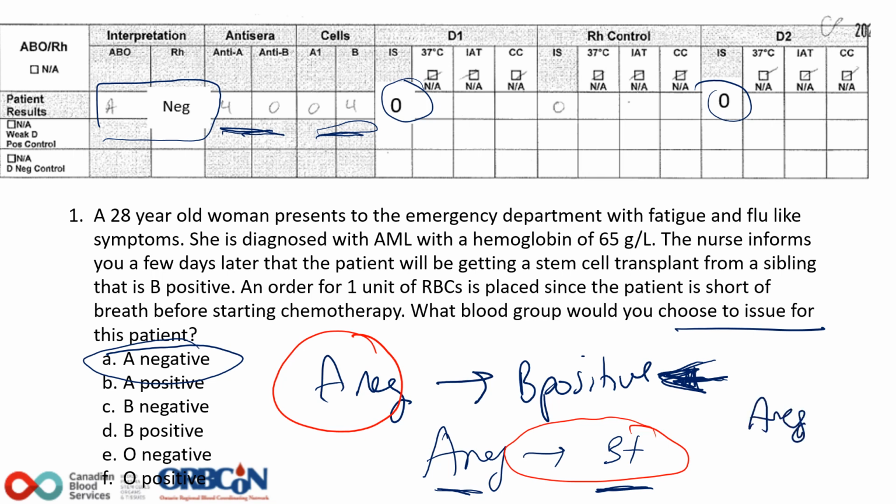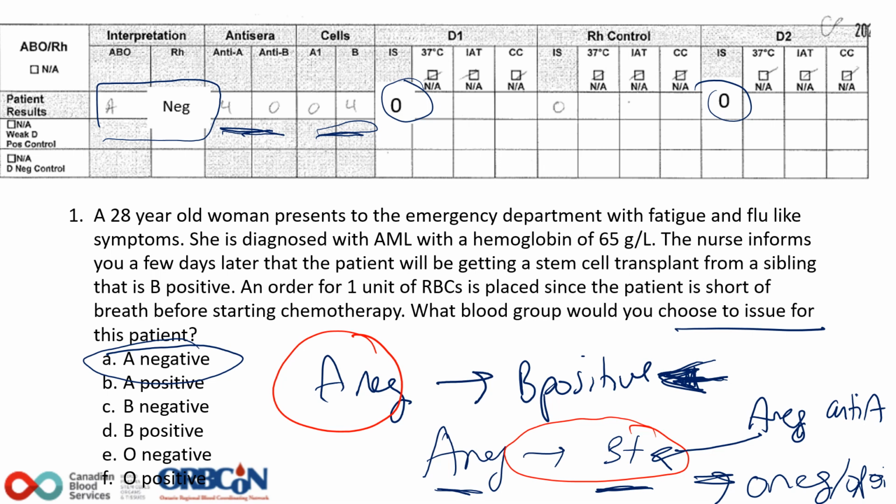And the reason why some places do this is that if you transfuse an A neg RBC, and now they start making anti-A, because they're B positive, you can get hemolysis. So some places, as soon as they know someone's going to transplant, will take into account both blood groups and then make the decision. If you're at an institution like this, you'd be giving O neg or O pos, depending on how strict you're going to be.